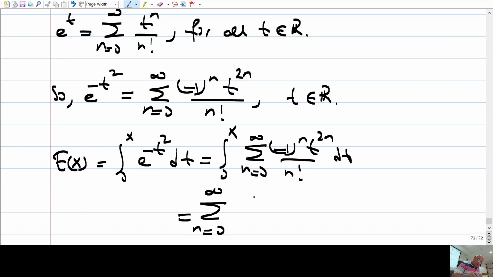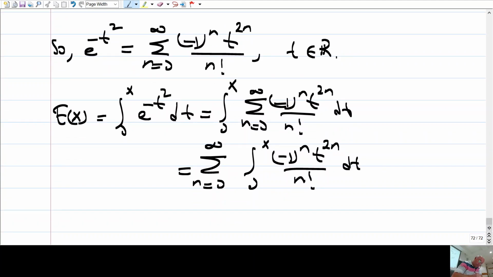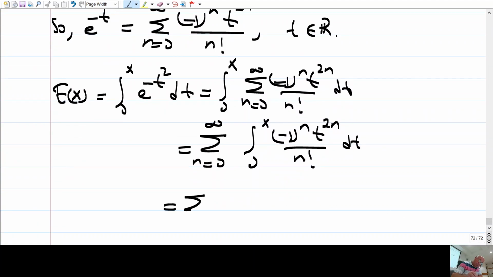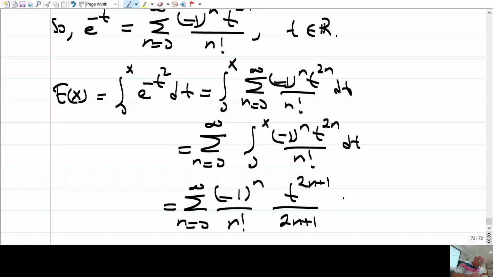I can just integrate this like this. So this is just minus 1 to the power n over n factorial, integral of this gives t to the 2n plus 1 divided by 2n plus 1, and you need to compute this at 0 and x.